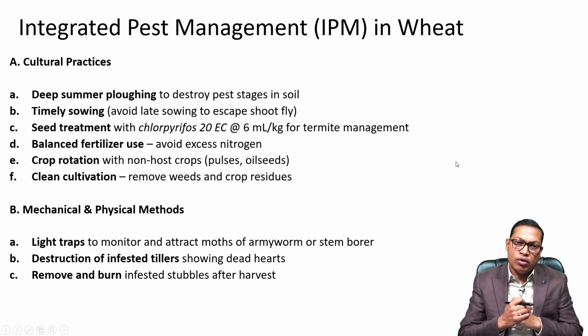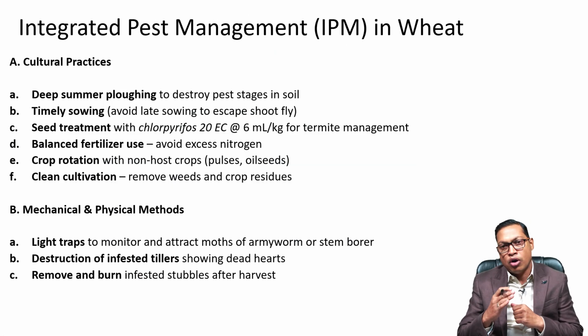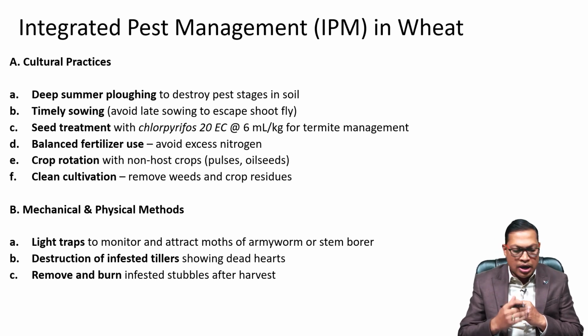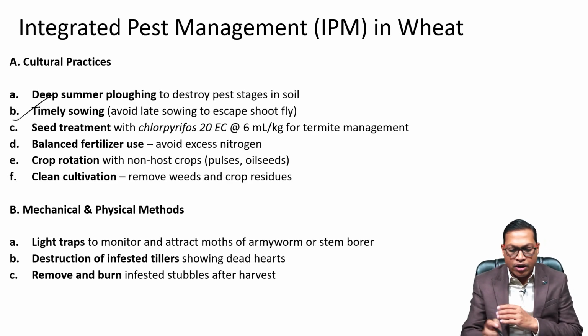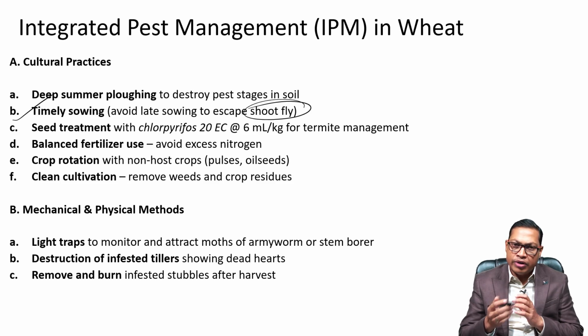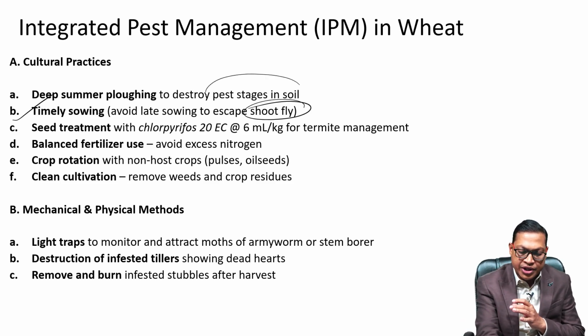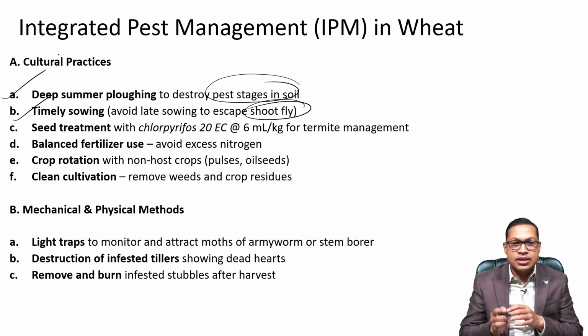Here, in agronomical or cultural measures, we have to go for early sowing of the wheat crop, early or timely sowing, so that we can escape the attack of soot fly. Then deep summer plowing is very important, so that we can destroy all the pest stages in the soil in the summer months.